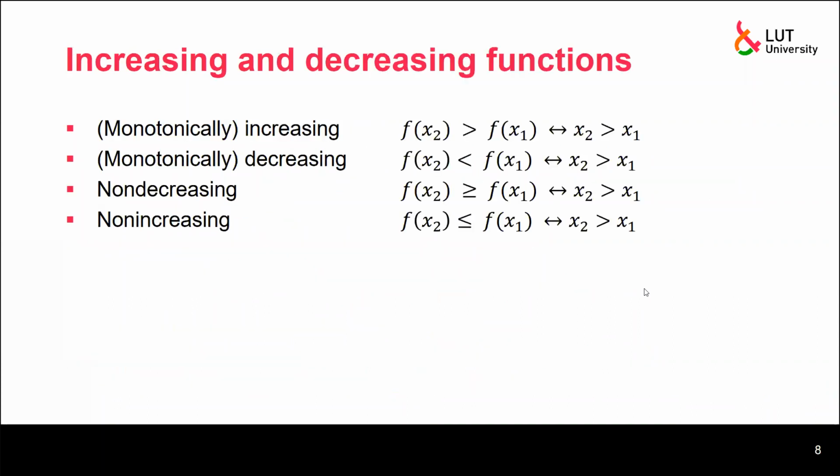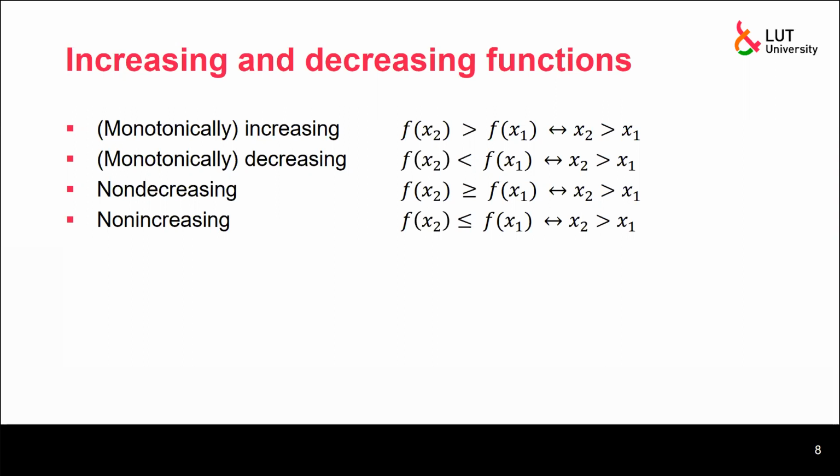Yeah, we had these definitions. A monotonically increasing function, or in what our textbook calls an increasing function, is one where if f(x2) is larger than f(x1), then x2 must be larger than x1. Decreasing is the opposite way.